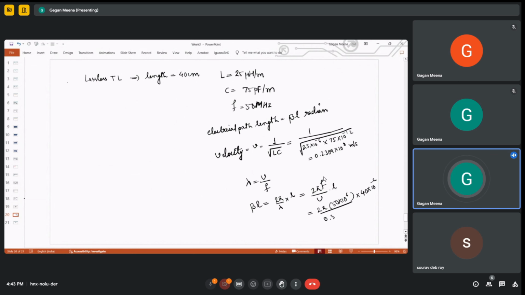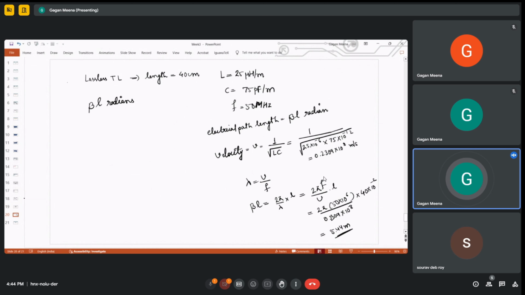So we have to substitute this here and find out what beta is. This comes out to be 5.44 meters. So the electrical path length is beta into L radians.